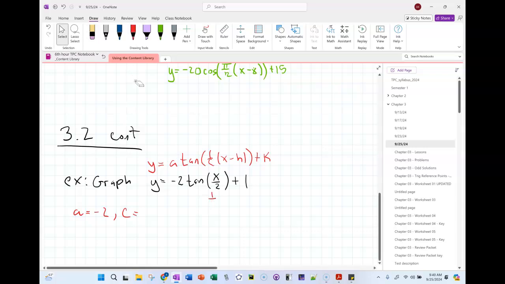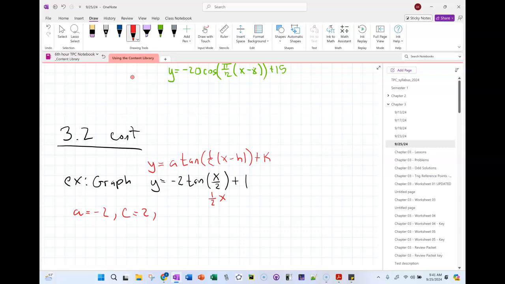Well, what if I thought about x over 2 as just 1/2 x? If I write it that way, is it pretty clear why C is 2? So again, if you're not sure, think about how else I could write this thing to make it obvious for me. And that should make it super obvious.